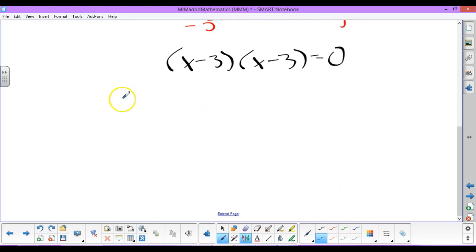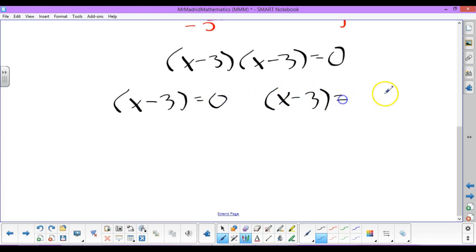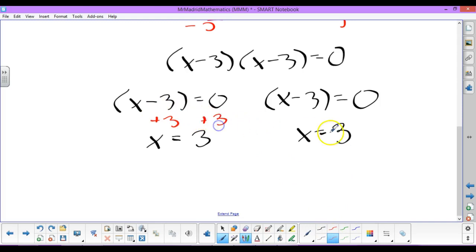And like before, I have to set each one of these equal to 0, which is redundant, but I'm just making a case. You solve for them, and it turns out that x equals 3. Why? Because to solve for x, you simply add 3 to both sides. So long story short, x equals 3 is what works here.